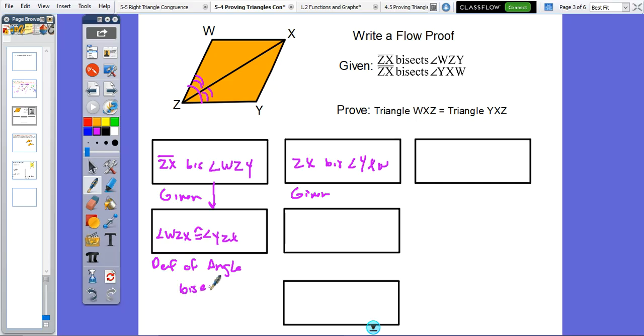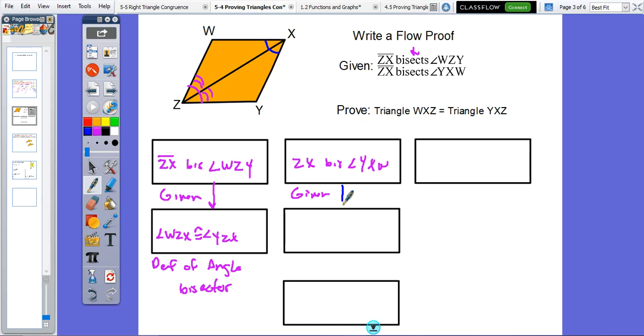Anytime something's cut in half, or the exact words bisected, whether it's segments or angles, then it's by definition of segment bisector or angle bisector in this case that it creates two congruent parts. That's the definition of to bisect: two equal parts. That same ZX also bisects the angle up here, YXW.